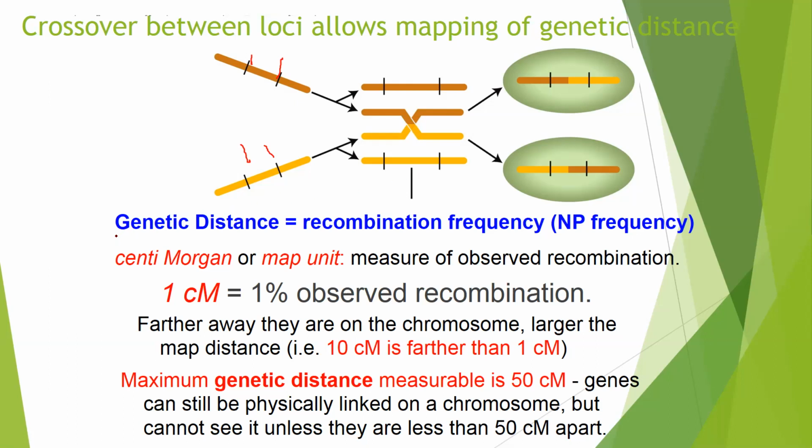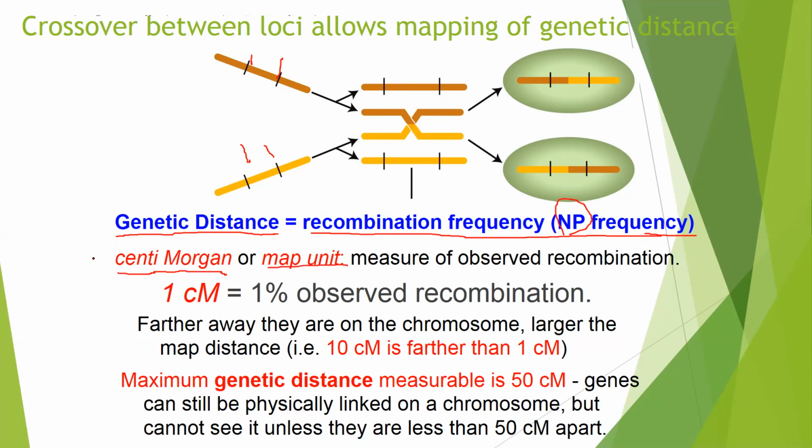We're going to calculate the genetic distance between two genes using the recombination frequency, or NP, which means non-parental progeny frequency. The unit for the genetic map distance, or the linkage distance, is the centimorgan, or the map unit. They're equivalent.